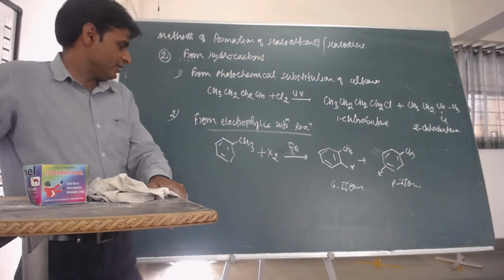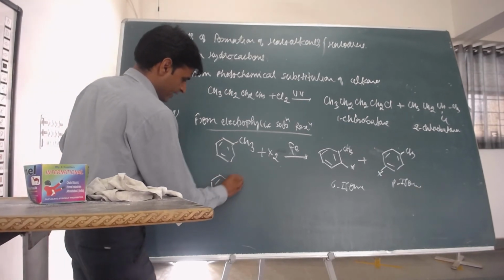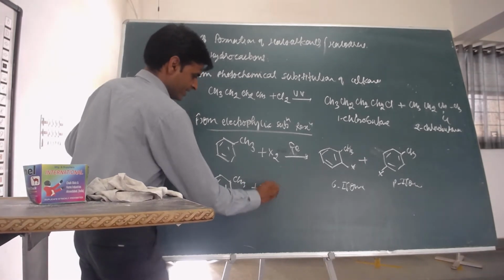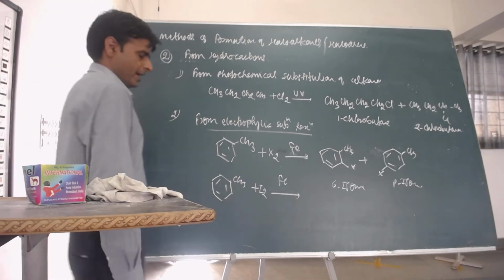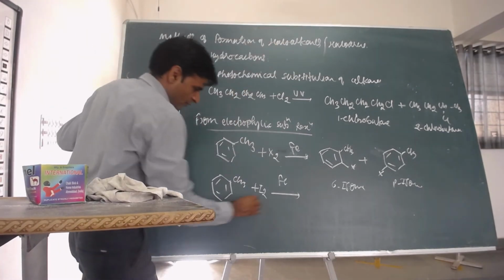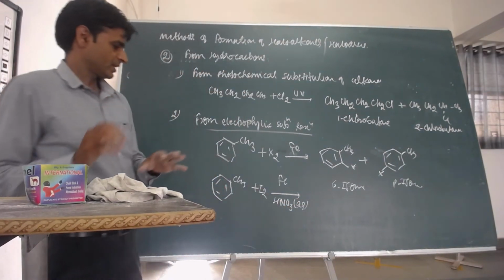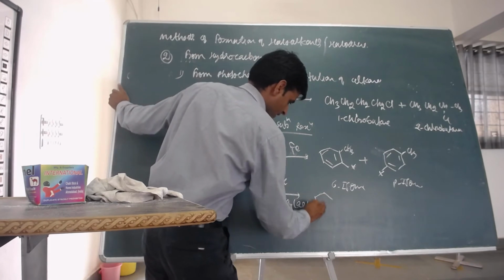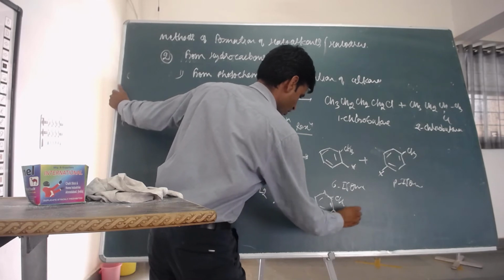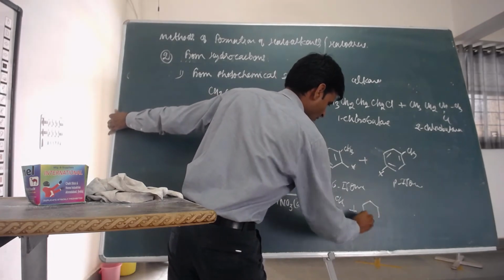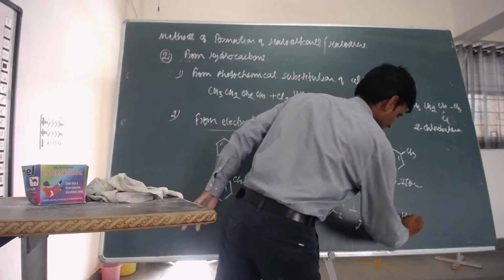Generally, in the case of iodine, when toluene is reacted with iodine in the presence of a Lewis acid, and some drops of iodic acid or nitric acid are added, we obtain the mixture of ortho and para isomers and HI.